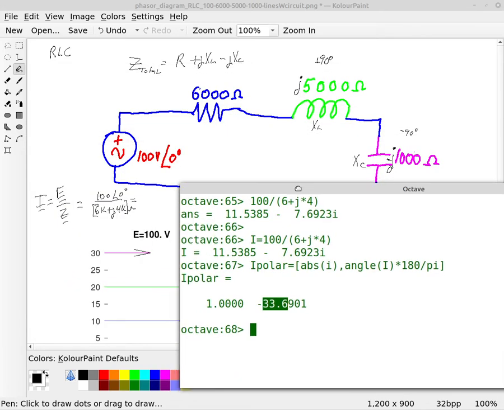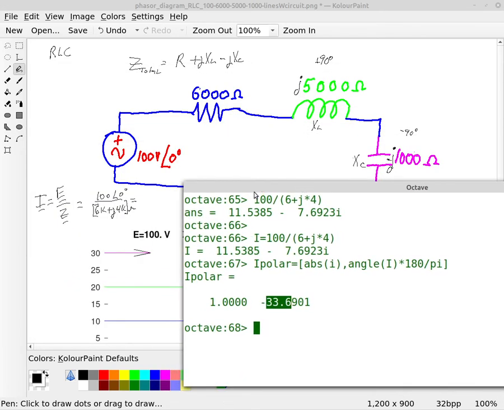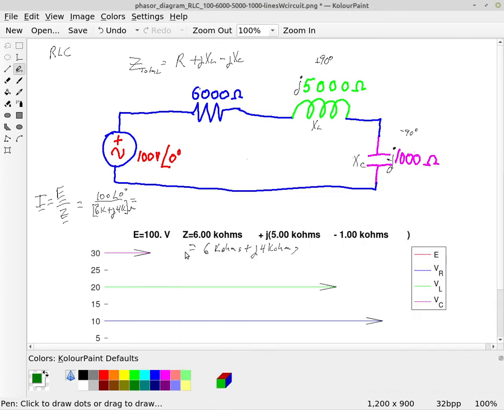Alright, so let me just write that down here. So the current I is going to be 1.00 milliamperes at an angle of minus 33.7 degrees.